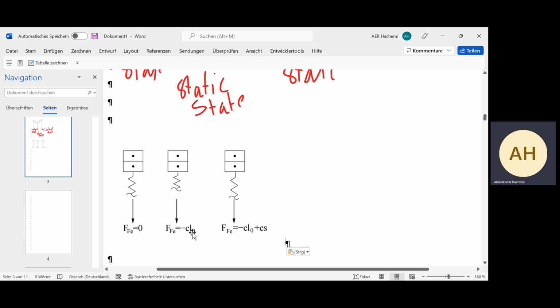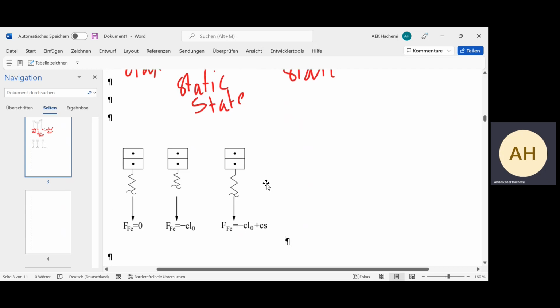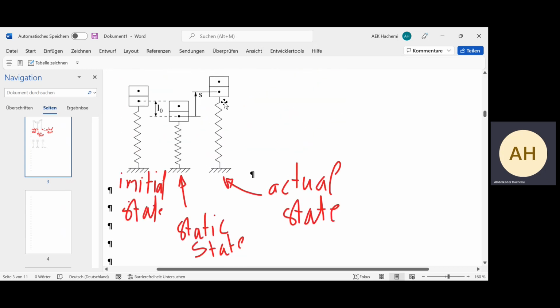Of course, it's with minus as it is under compression. And now, if we take the actual position, the spring force is the static one plus C multiplied by S due to the dynamic motion.